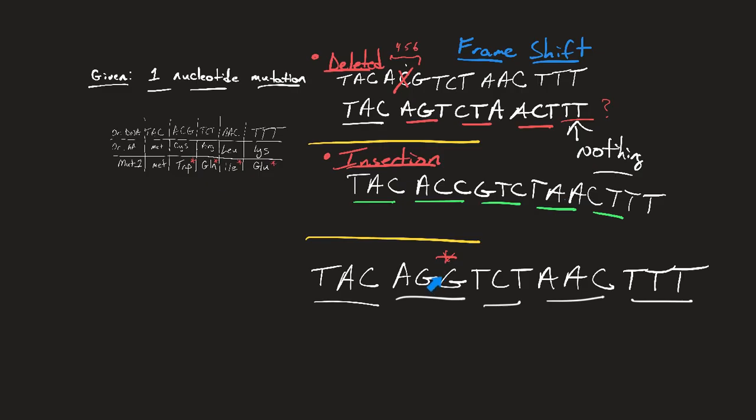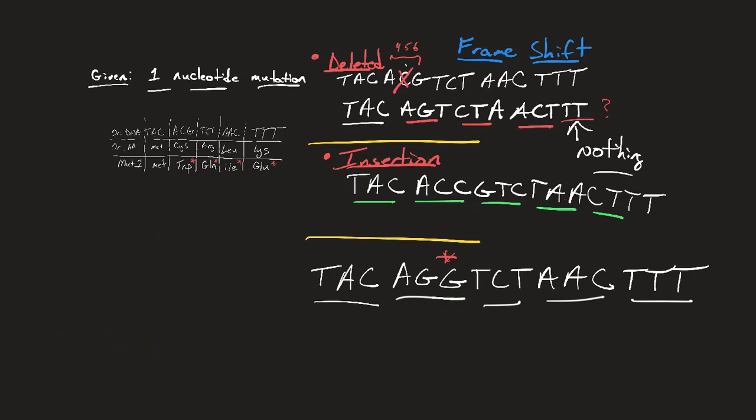So substituting one would only change that amino acid. So when you have a substitution mutation where you have put a G instead of a C, that's only going to change that amino acid because it doesn't shift the frame. It doesn't move everything after it. The frame shift happens when there's a deletion or an insertion. Does that make sense? Okay.